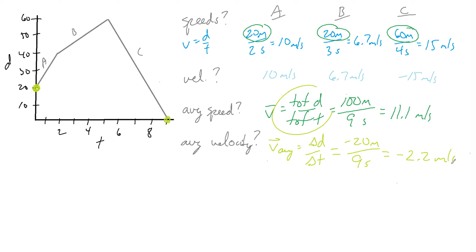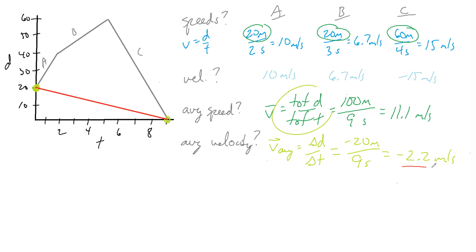Now, it's really kind of cool in a mathy kind of way, if I took a line and joined it from the beginning to the end, the slope of that line would be negative 2.2. Okay, it would give me that exact slope because velocity does not care about what happened. Velocity cares about what you start with and what you end with.